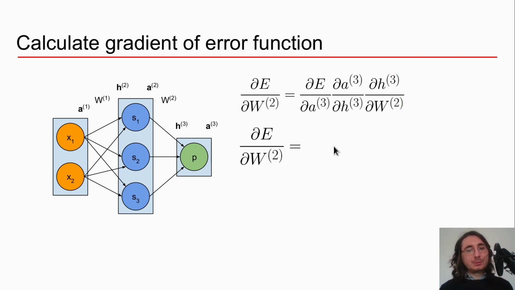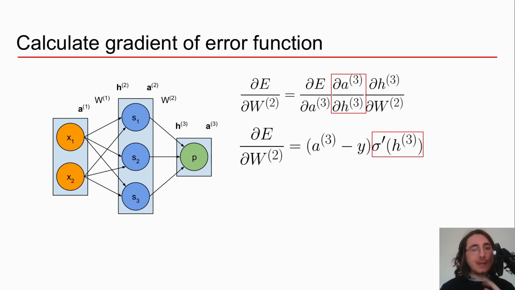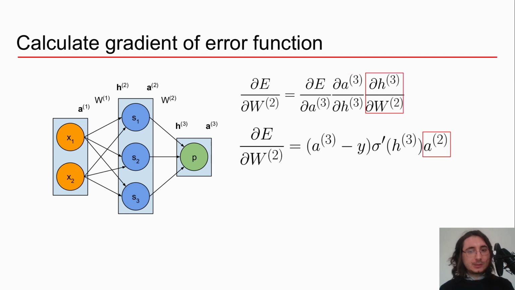Now we have all the three elements that we need to rewrite the derivative of E over W2. So now let's rewrite this. Let's fill this up. So first element. The first derivative here is A3 minus Y. Then the derivative of A3 over H3 is basically the derivative of the sigmoid function calculated in H3. And finally, the last block is equal to A2.